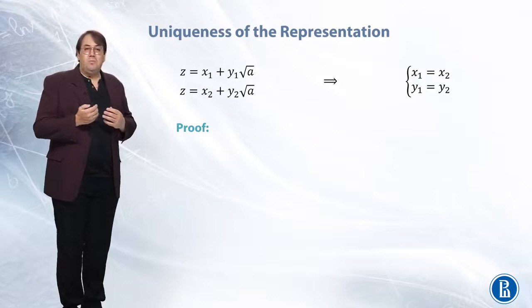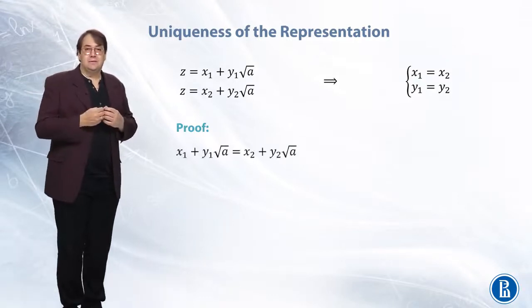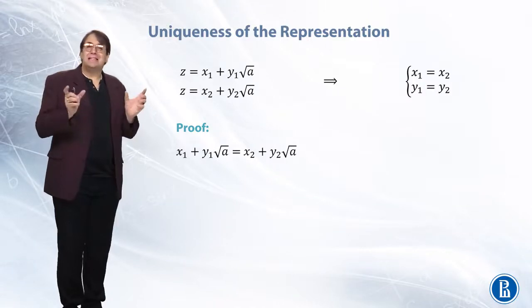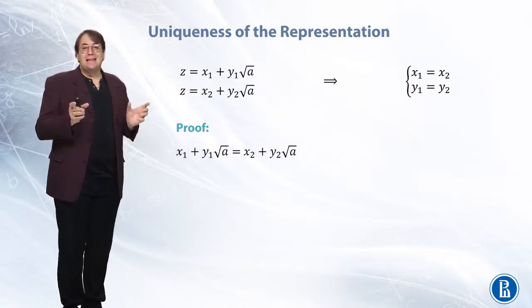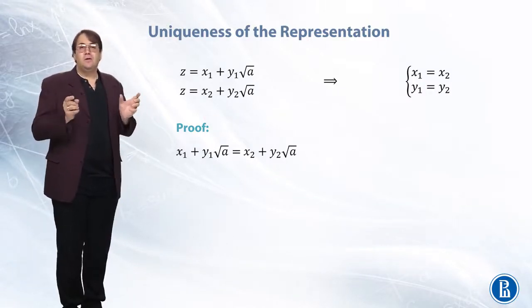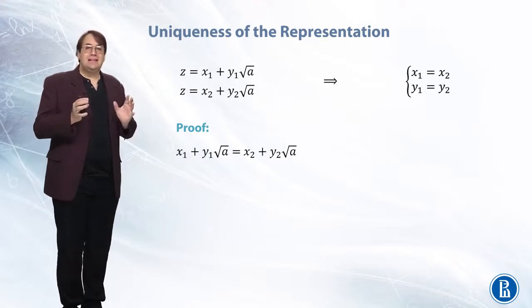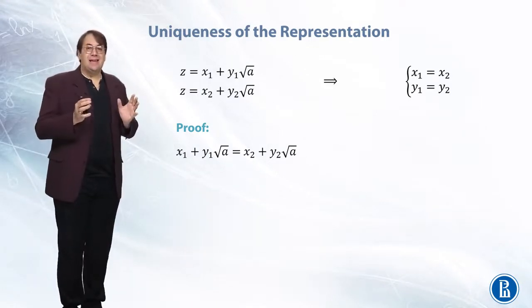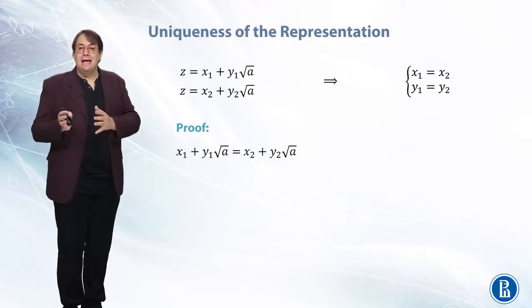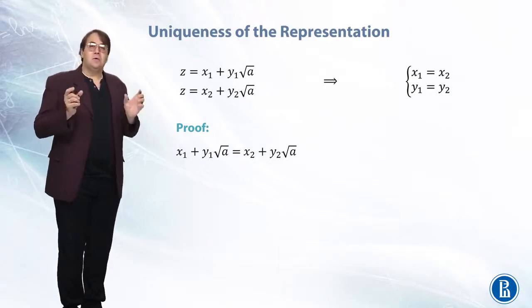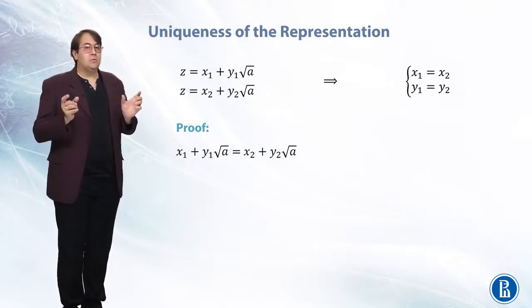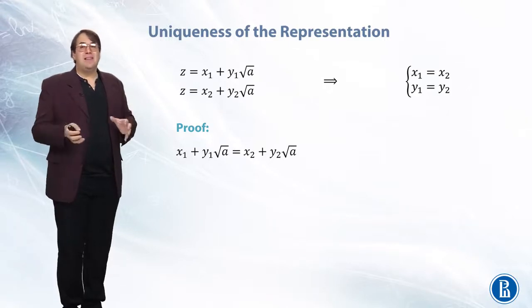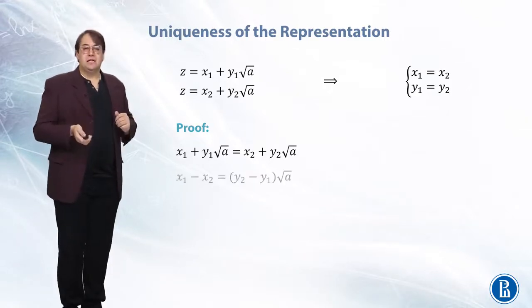Indeed, let's form an equation that connects the first and the second representation. And then let's put all summands that contain square root of a on one hand side, and all summands that do not contain square root of a on the other hand side of this equation.